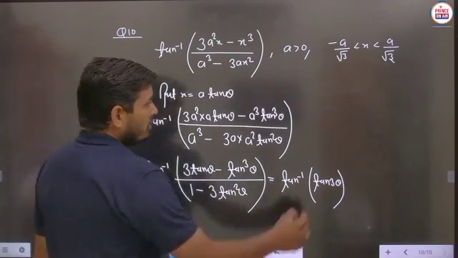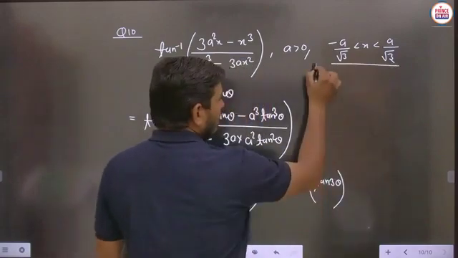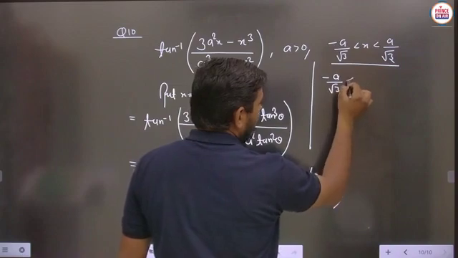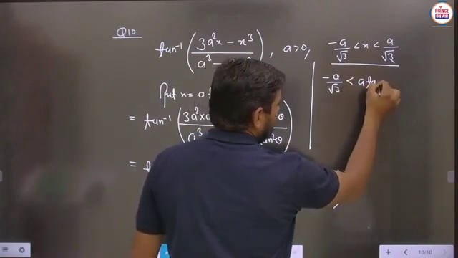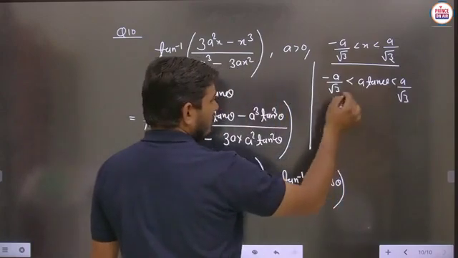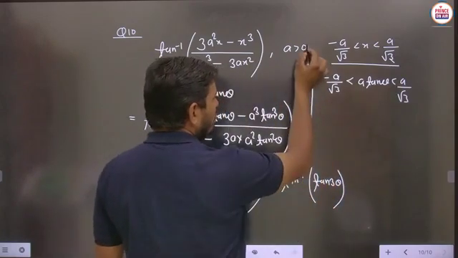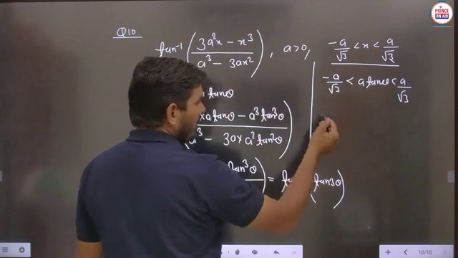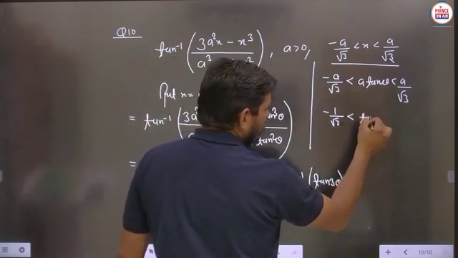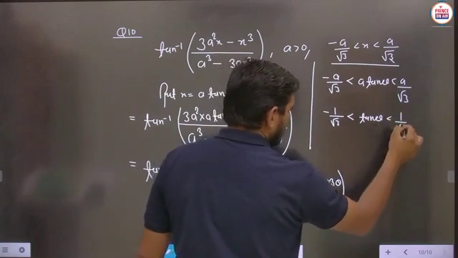So for this part we will simplify the condition. Here x is taken as a tan theta, and this is a by root 3. Now a is to be divided through the whole inequality, because a is a positive number, so no sign of the inequality will change. So minus 1 by root 3 to plus 1 by root 3 will be the interval of tan theta.